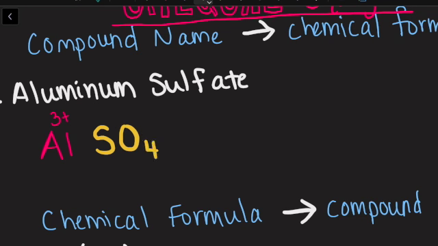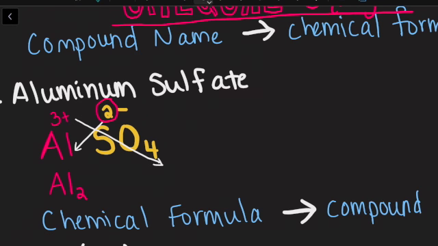Okay, we gotta cross these like always. And that leaves you with Al, and this charge becomes a subscript of aluminum. That just tells us that we need 2 aluminums to balance.